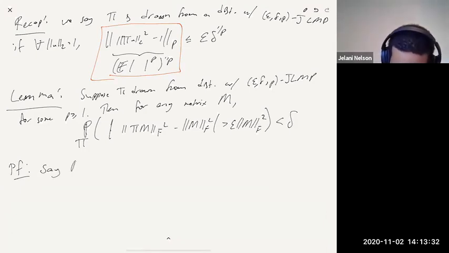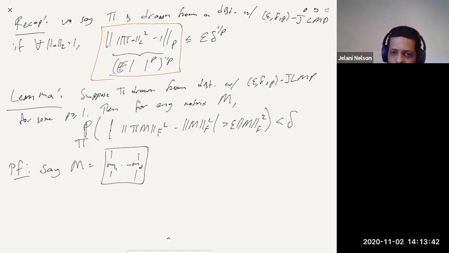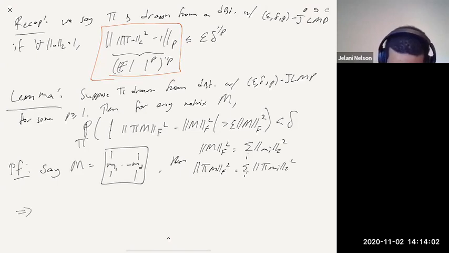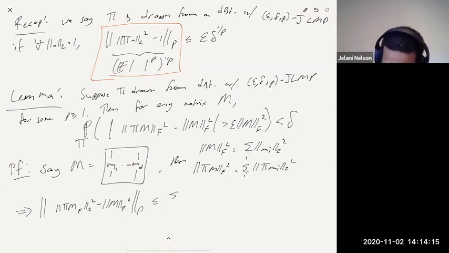So say M has columns M1 through MD. Then if you look at the Frobenius norm squared of M, you can do it column by column, and you can also do that for pi M. So if you look at the p norm of the Frobenius norm squared of pi M minus the Frobenius norm squared of M, just by triangle inequality, this is at most the sum over all i of the p norms of these things.